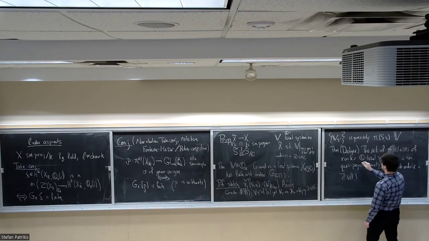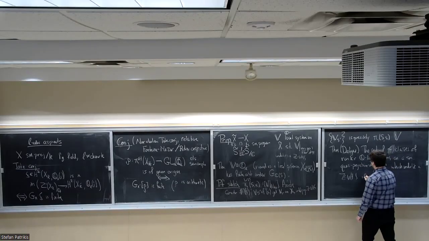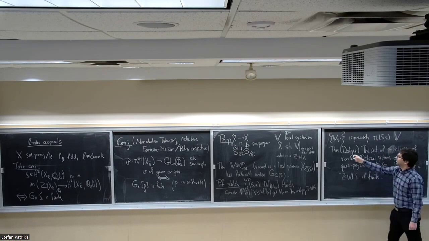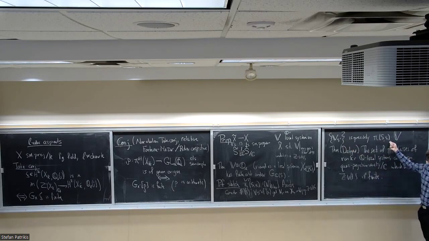And I should have said, smooth rank R local systems is finite. Okay, so this set is finite.